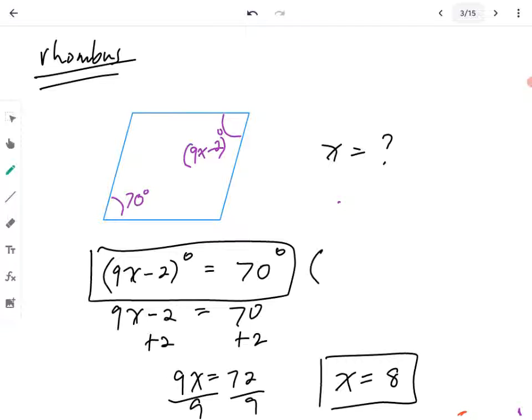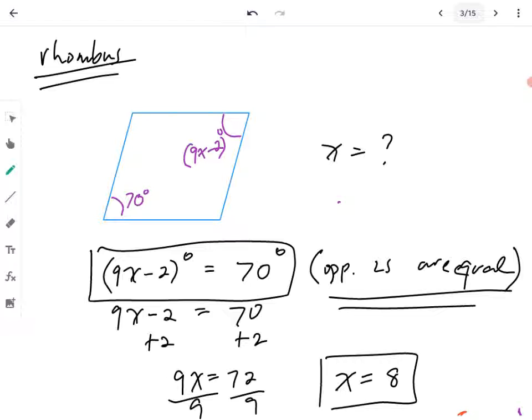Our reason here is that opposite angles are equal in a rhombus. That's simply the reason why we're able to set up 9x minus 2 equals 7.